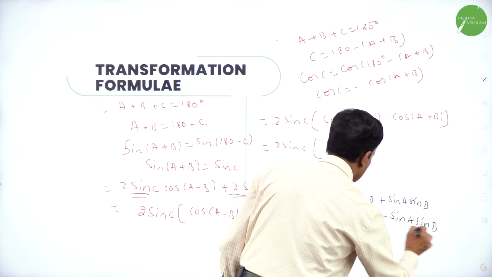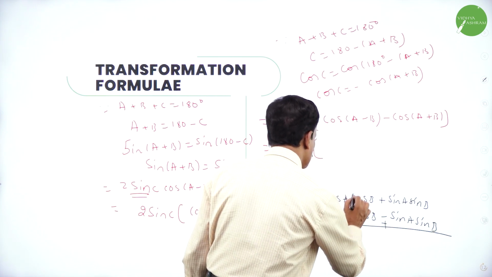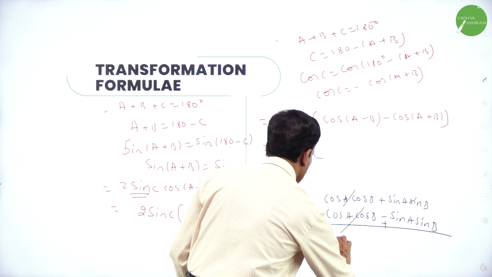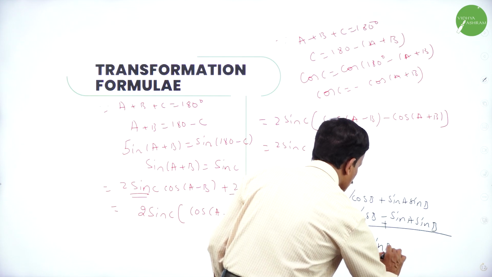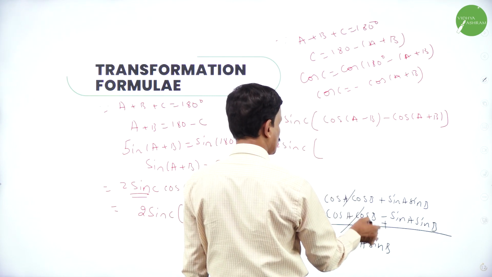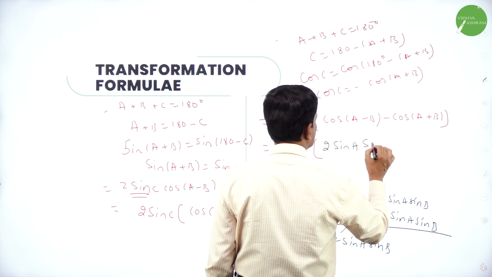Now, we are subtracting. If we subtract this, what happens? This becomes minus and plus. These two get cancelled. So, sin a sin b plus sin a sin b is equal to 2 times sin a sin b. Therefore, cos a minus b minus cos a plus b can also be written as 2 times sin a into sin b.